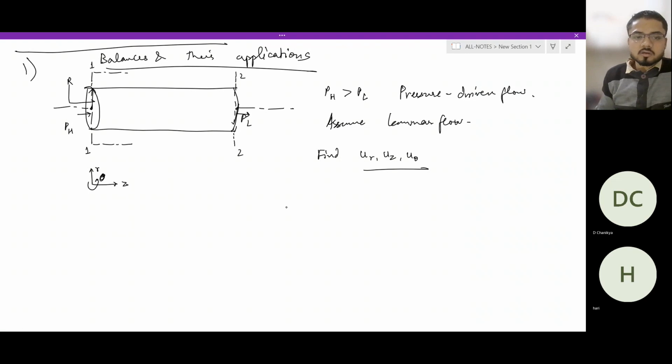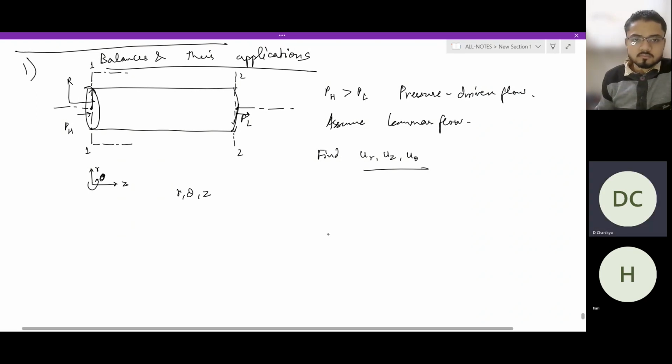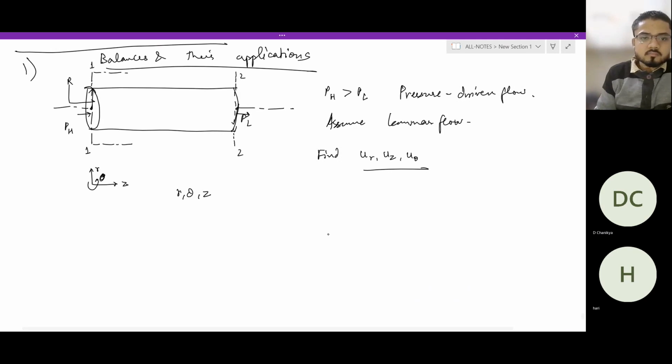Okay. So, there are basically 3 coordinates here, r, theta, and z, all right? And another one could be time, right?